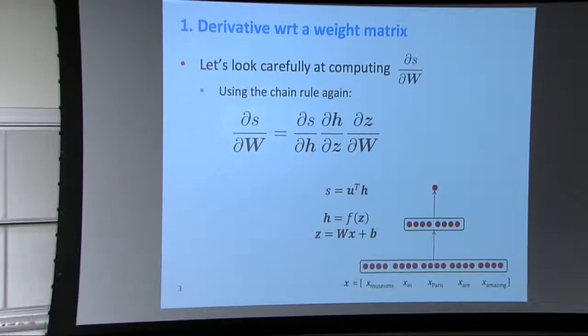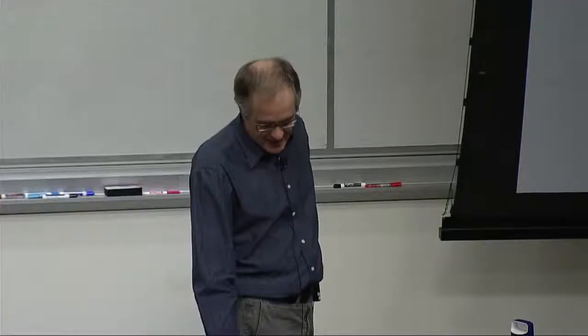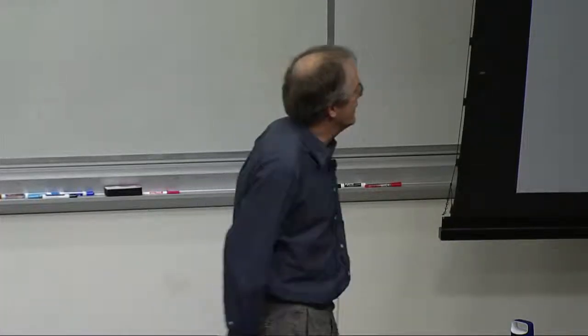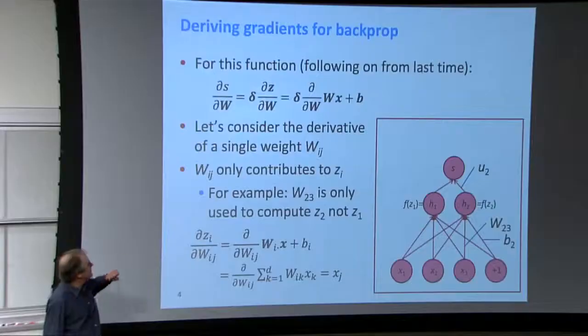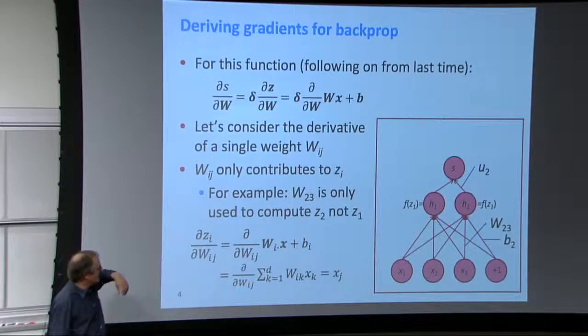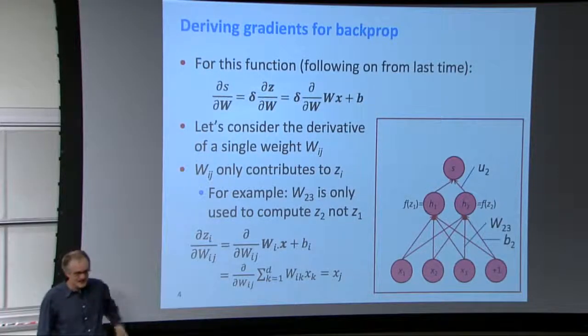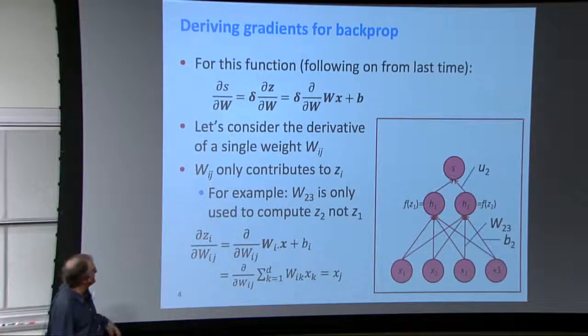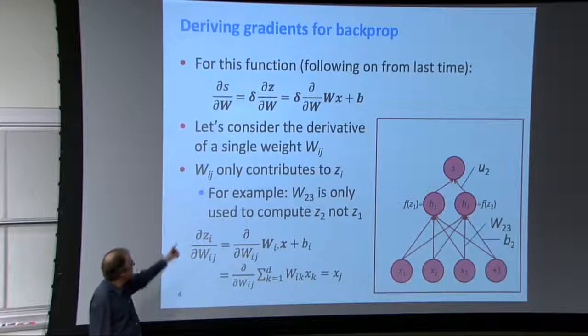If you remember last time, we'd done some computation of those first 2 partial derivatives, and we said that we could just call those delta, which is our error signal coming from above. That concept of an error signal coming from above is something I'll get back to in the main part of the lecture, and it's a central notion. But the bit we hadn't dealt with is this dz/dW.